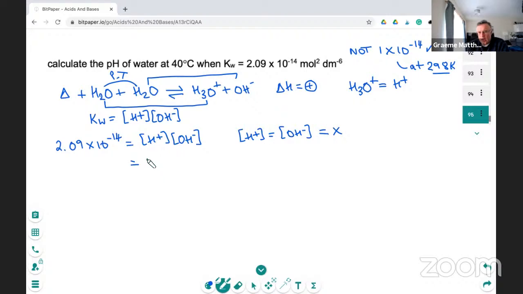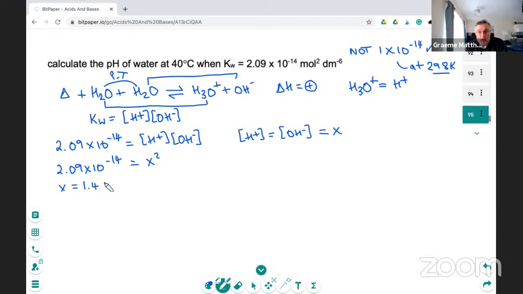And so now you can call this X squared. If I take the square root of 2.09 times 10 to the negative 14 and solve for X real quick, X is going to be equal to 1.45.